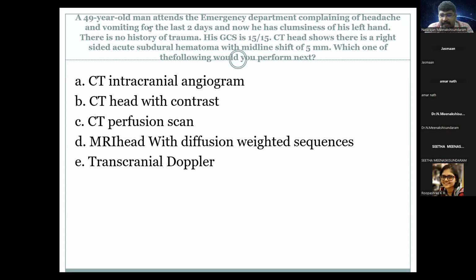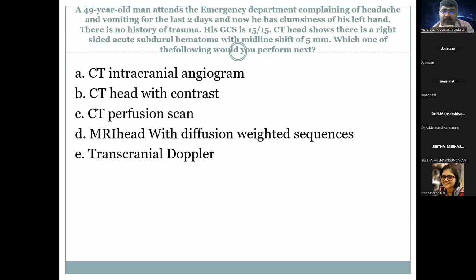It could be the anterior communicating artery, anterior cerebral artery, middle cerebral artery, internal carotid artery, ophthalmic artery, or posterior communicating artery. No guesses? Okay, I'll tell you. With the posterior communicating artery, when the aneurysm ruptures, there are chances of development of acute SDH.